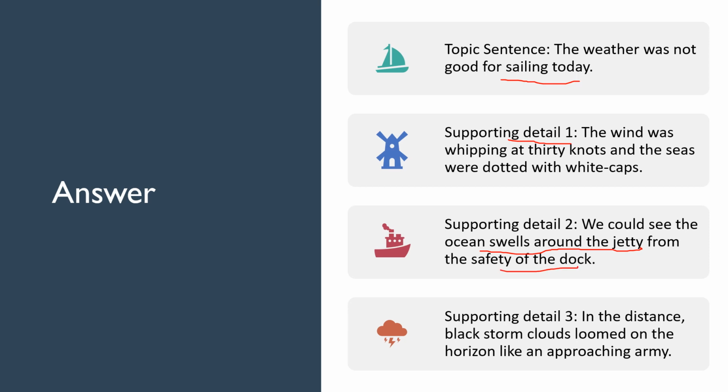And the third supporting detail is, in the distance, black storm clouds loom on the horizon like an approaching army. So the first sentence declares that the weather wasn't good for sailing, and the following sentences are the supporting details that help to clarify what the weather was like to give the reader a more vivid picture.